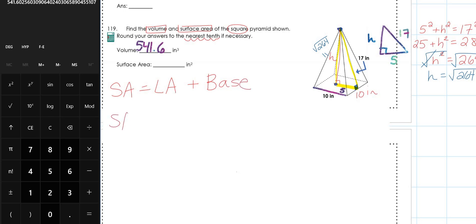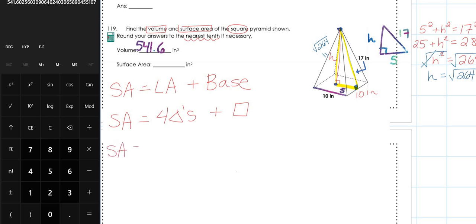Let's keep going. Surface area. Okay, lateral area is a whole bunch of triangles. It's all the faces of your pyramid. All those triangles are going to be congruent because they all have a base length of 10. So what I'm going to do is I'm going to write down I have 4 triangles. Plus, I have a base, which is a square.